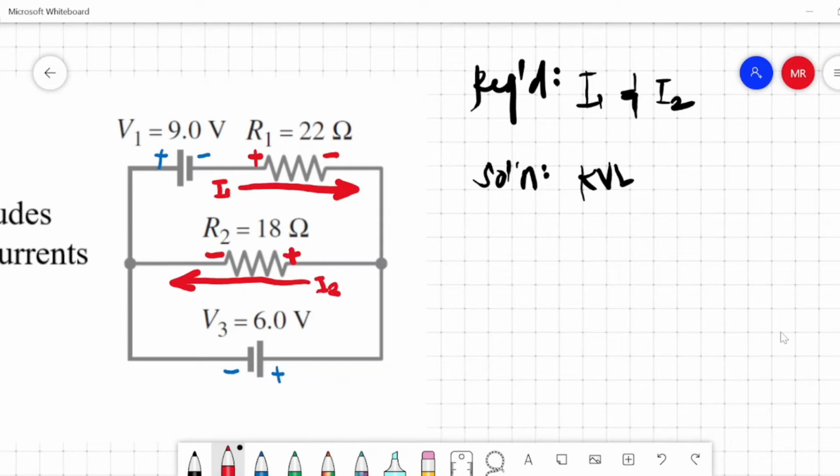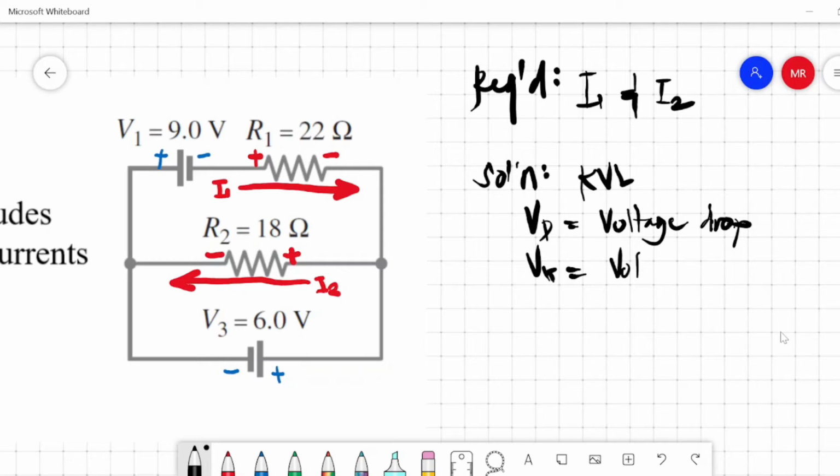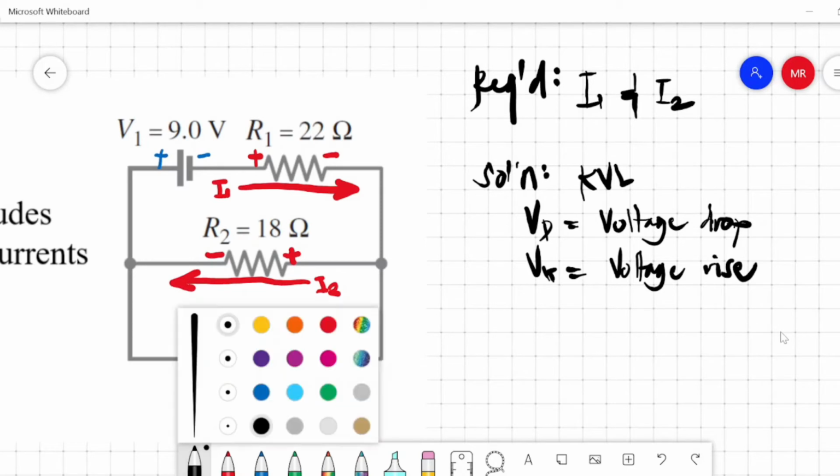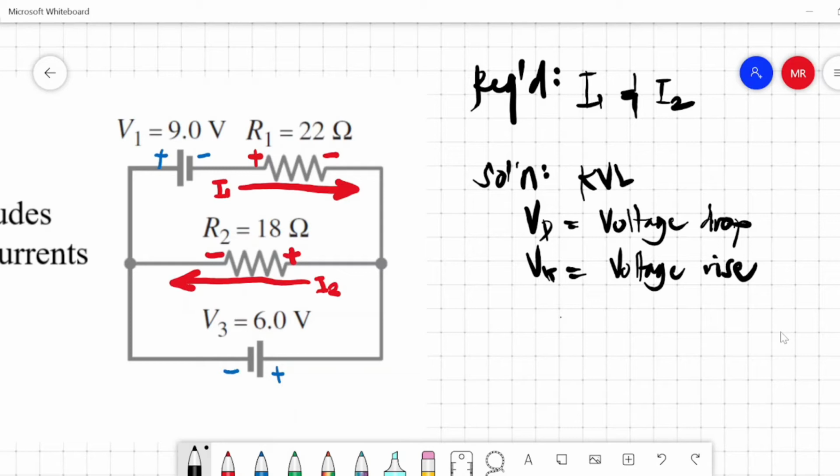Let's say that the potential drop is VD, or the voltage drop, and VR is the voltage rise. So according to Kirchhoff's law, the sum of the potential drop and the potential rise is equal to 0.